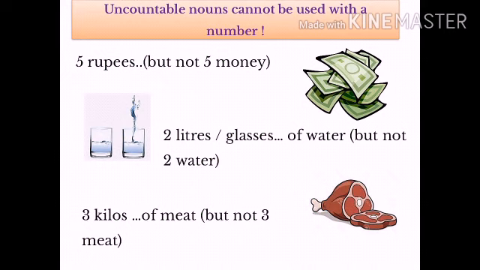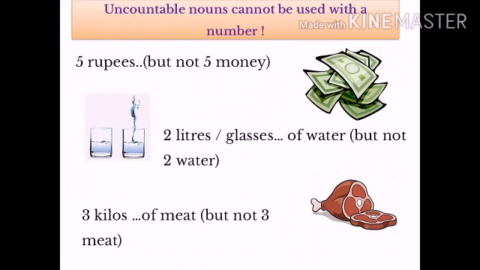So rupees, as you all know, is a unit of money, isn't it? So in the case of money, water, meat, we use units like rupee, liter, kilo to say.